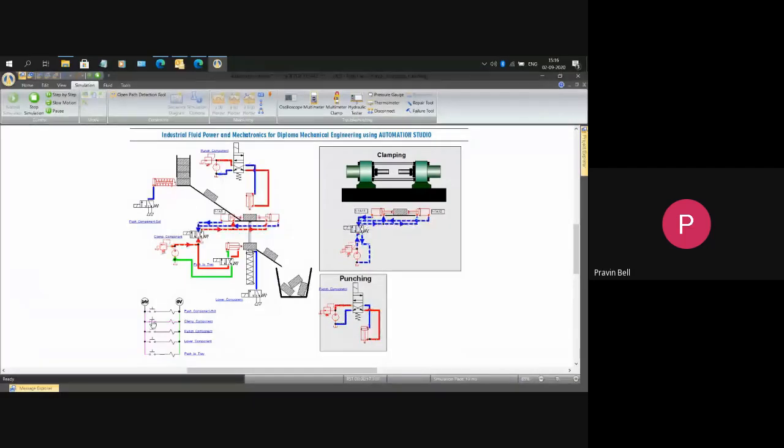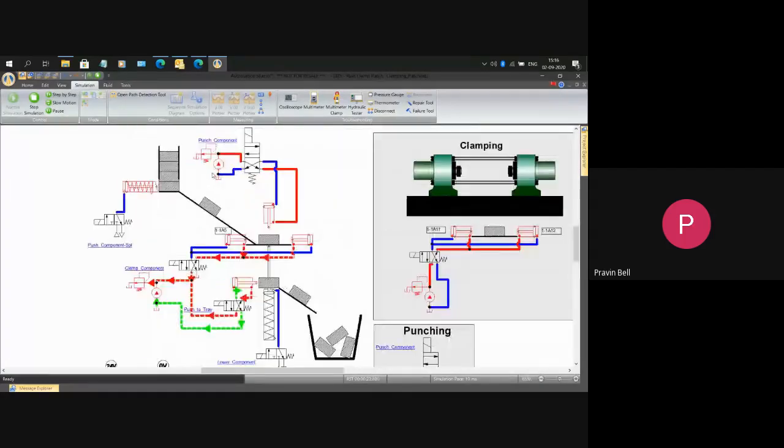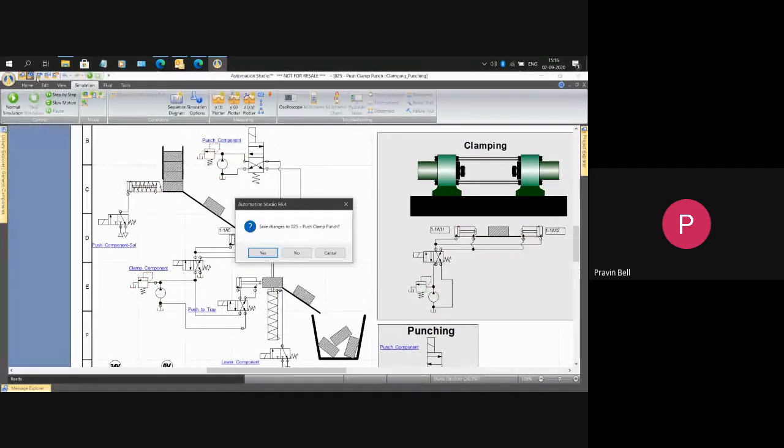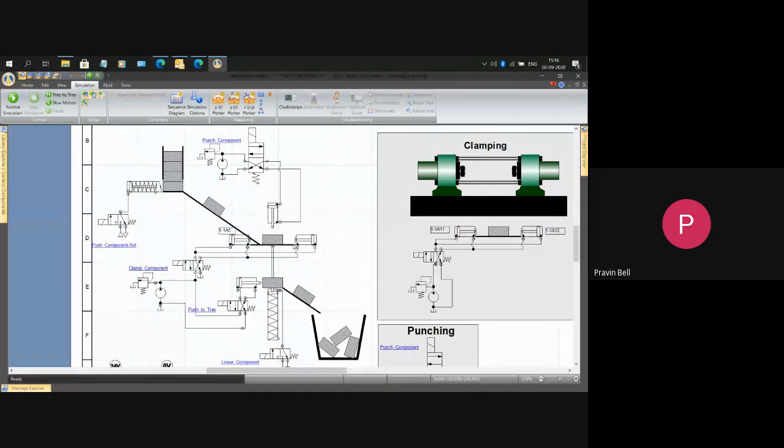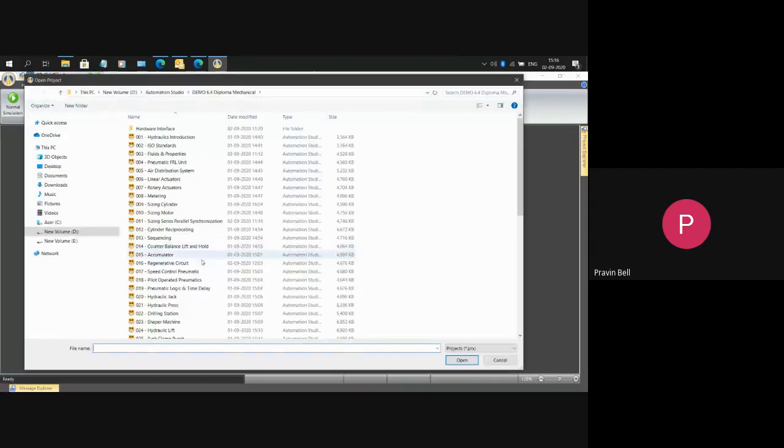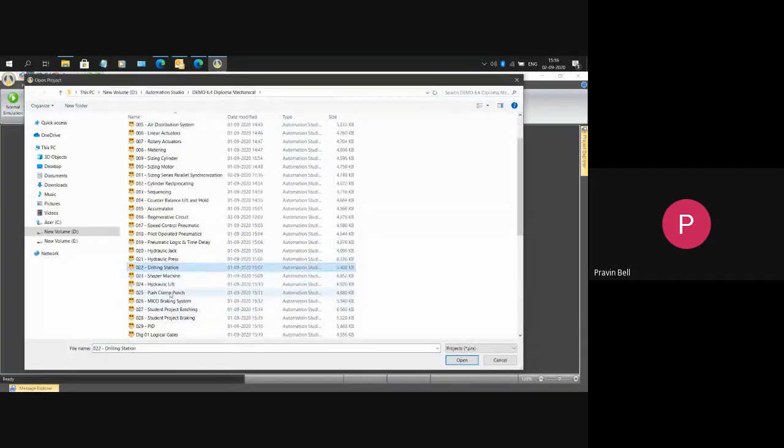Then I'll unclamp it, lower the component, and push it to the tray. Such a simple mechatronic system was a practical in a lot of syllabuses: design a simple mechatronic system. So you can build such mechatronic systems based on hydraulic and pneumatic actuators. Okay, so that was push, clamp.